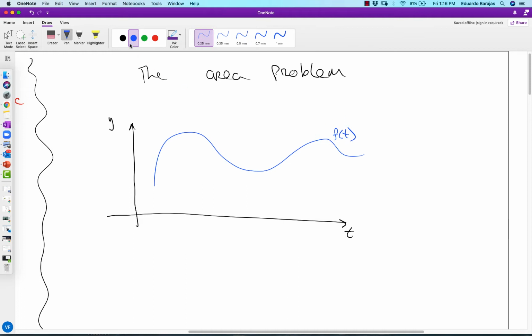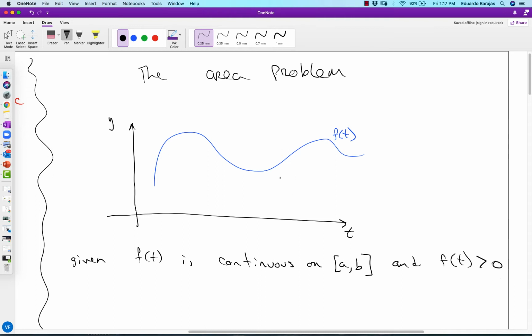So let's say f of t is smooth, continuous, so this is f of t given f of t is continuous on AB. And just so that the picture looks nice, let's also assume that f of t is strictly greater than 0. So it's above the t-axis, just the way I drew it.